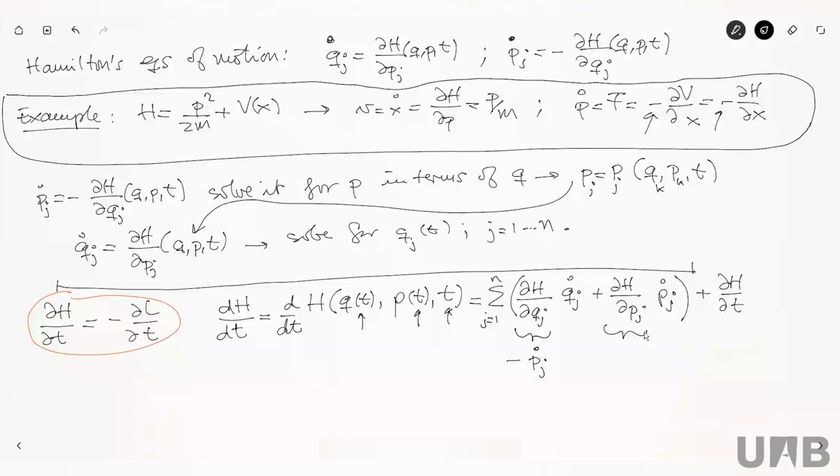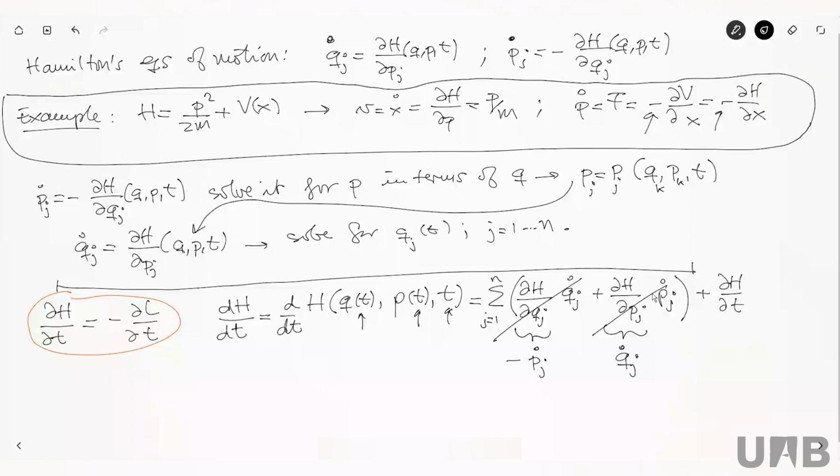On the equations of motion, q dot j. Okay? So, all in all, what do we have? We have minus p dot j, q dot j, plus p dot j, q dot j. So that means that this guy cancels that guy.